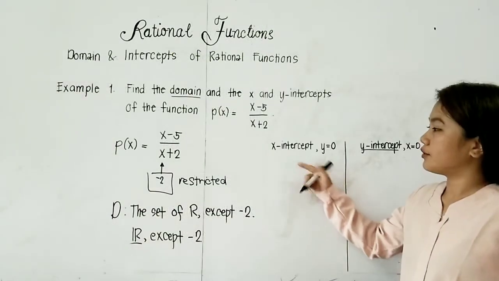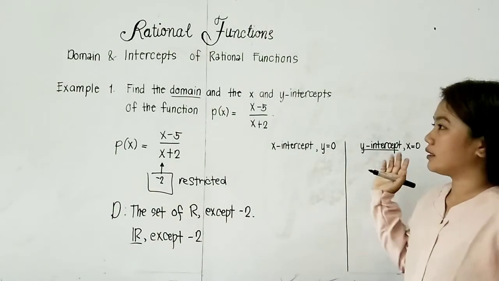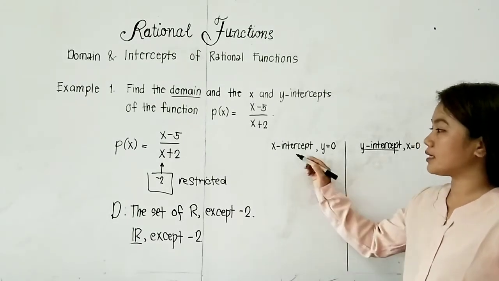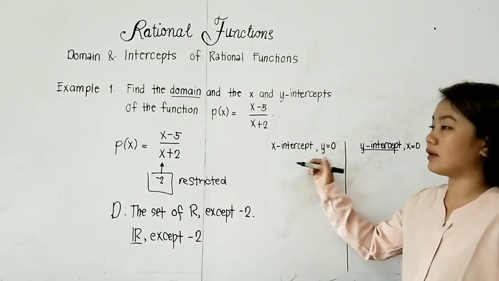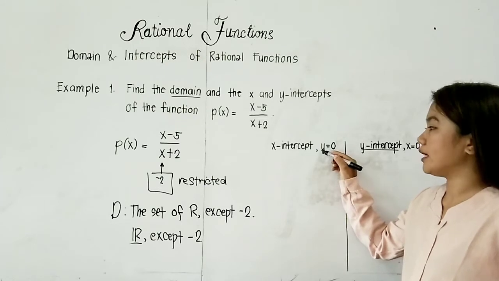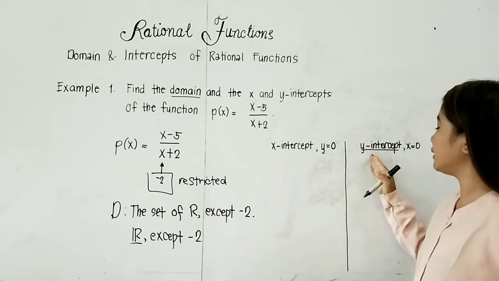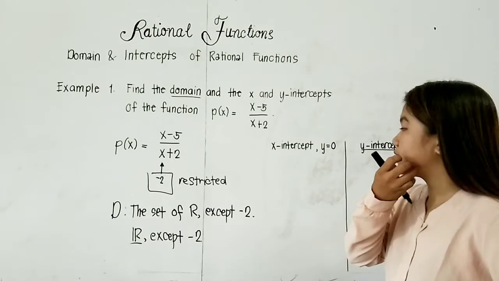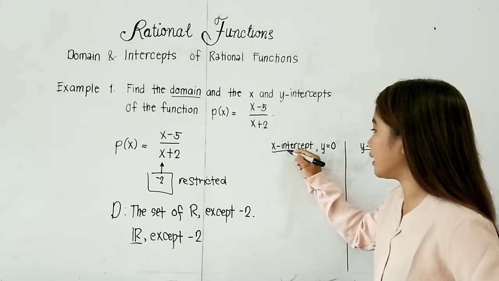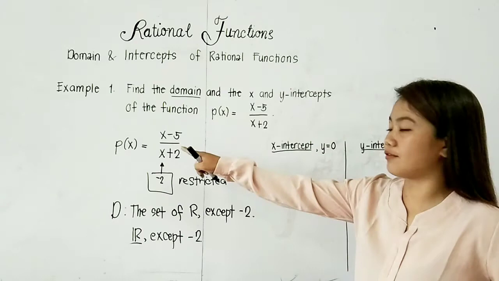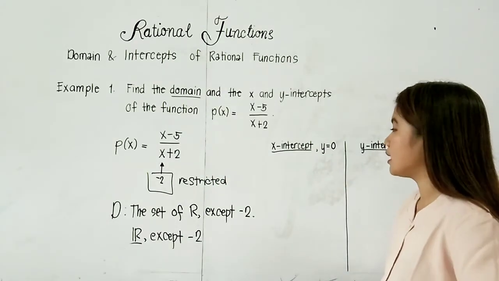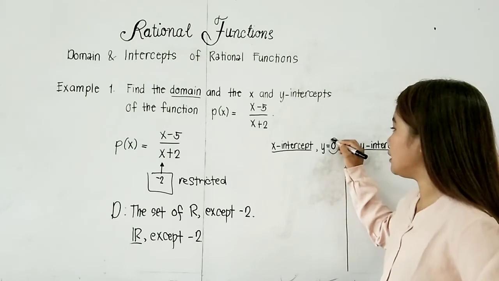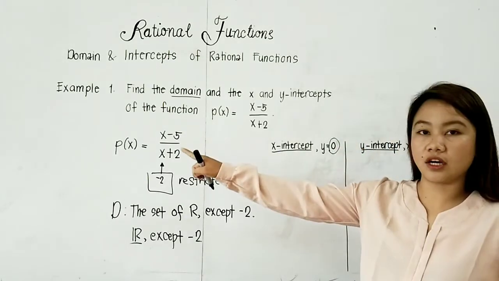Next, we will solve for the x-intercept and the y-intercept of the function p of x. So again, the x-intercept of a function is the value of x when y is 0. And the y-intercept is the value of y when x is equal to 0. Let us solve for the x-intercept of the function p of x. What we will do is just substitute 0 in y of the function.